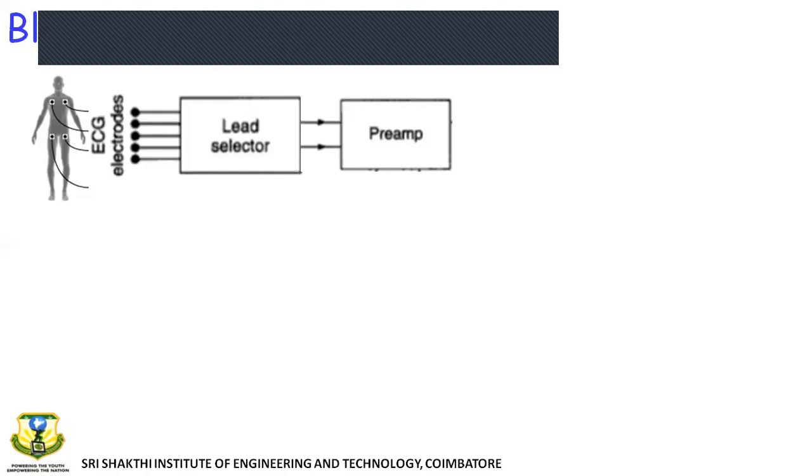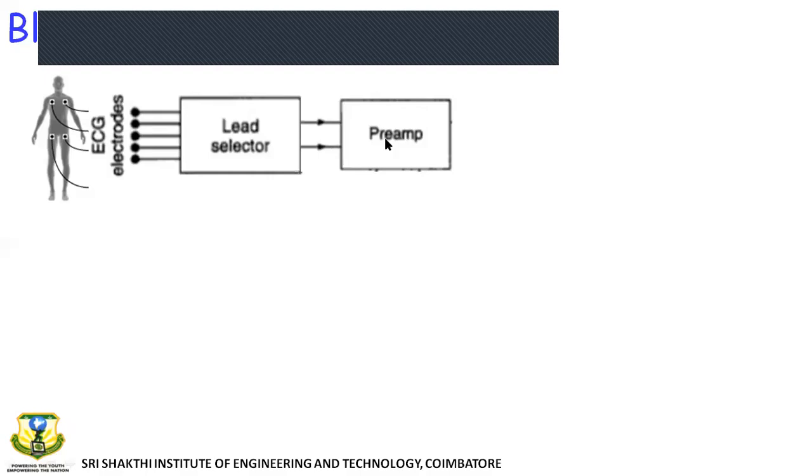I've taught you feedback amplifiers and differential amplifiers in electronic circuits in the fourth semester, right? Feedback amplifiers will amplify the signal with low noise and low interference. Stability will be more. Where will the interferences be? The interferences will be from the surroundings. That's why we need a pre-amplifier here.